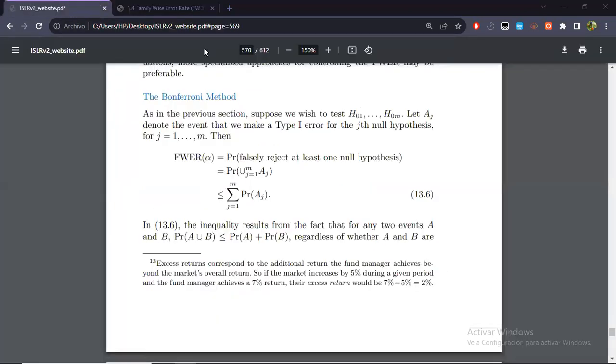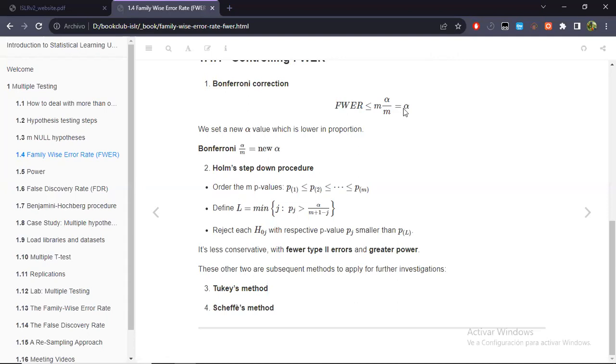Perhaps before introducing the second one, they do mention in the book that we do get this nice bound. It's pretty simple, simply divide by m. However, in our pursuit of making the total number of false positives very small, that is, of shrinking the number of type 1 errors, this bound is not quite as good, in the sense that we can still limit the number of type 1 errors, but we would also like a smaller number of type 2 errors.